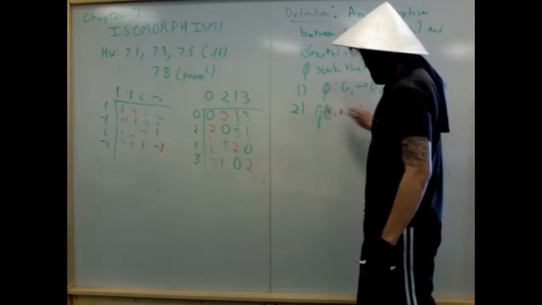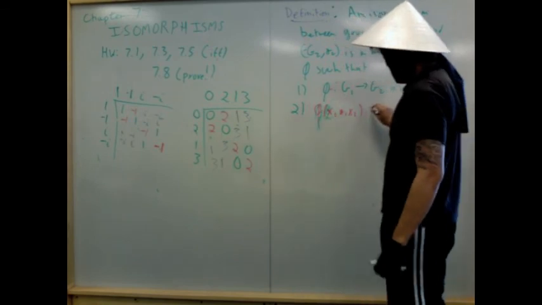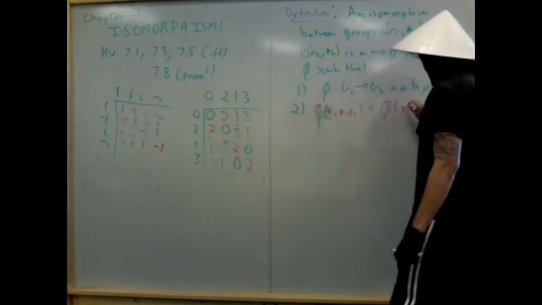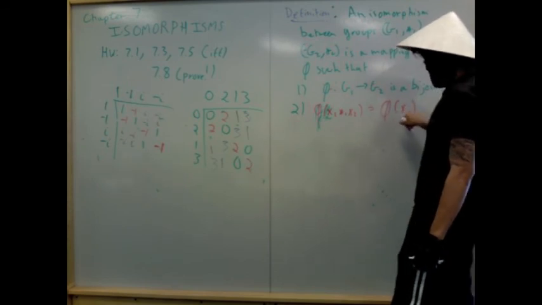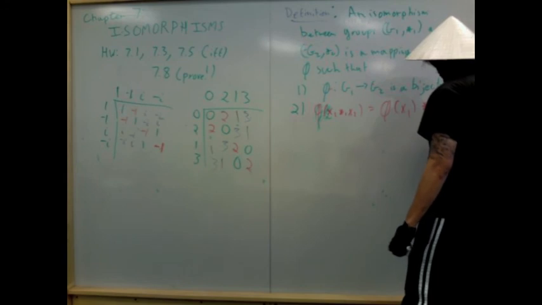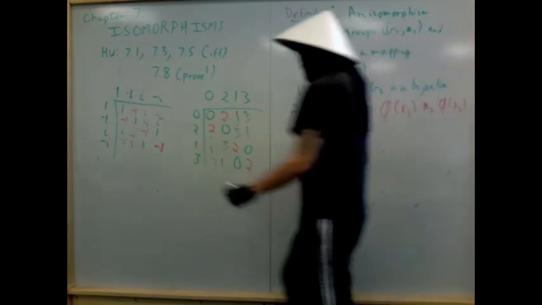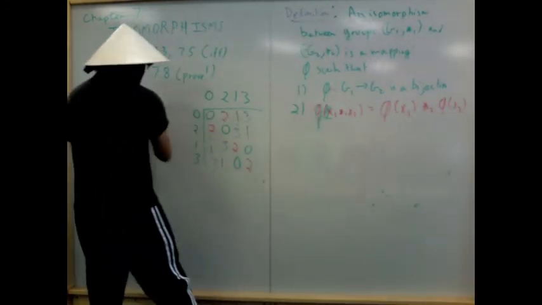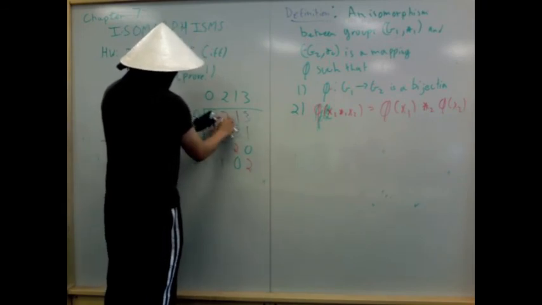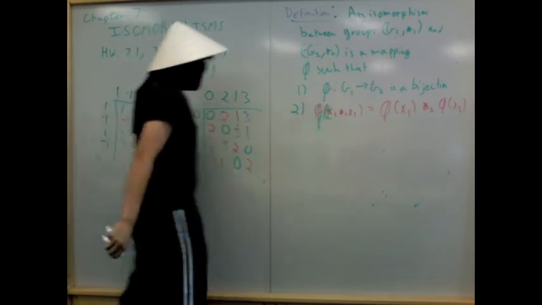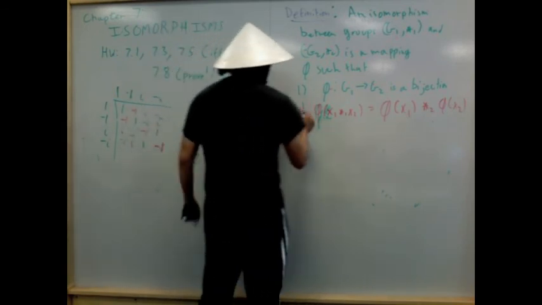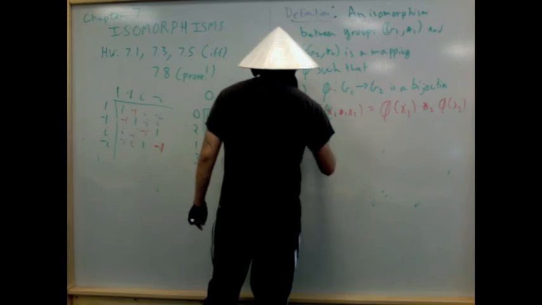When I map it under my function phi, I want it to equal phi of x1 multiplied by phi of x2. The multiplication in here corresponds to the same value as when we take them separately in here. That's the intuition behind statement number 2. We call statement number 2 a homomorphism.